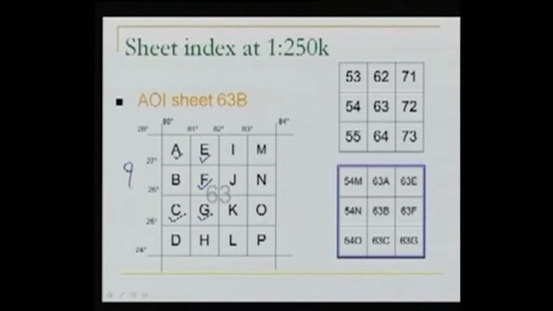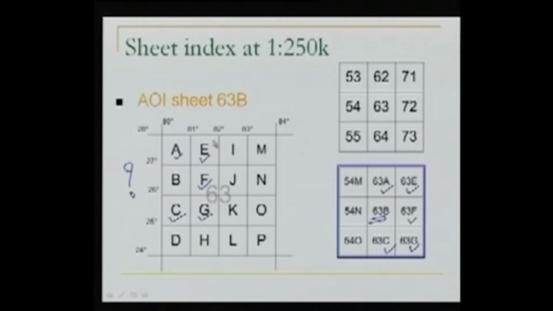So what we are doing, we are developing the sheet index now. To develop the sheet index, I have written here 63B is our area of interest. So the adjoining sheets are these. I am writing these. Now how to get these ones? What are these sheets, and how to arrive at them?